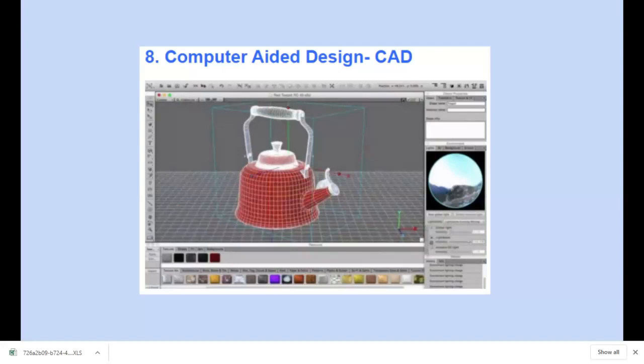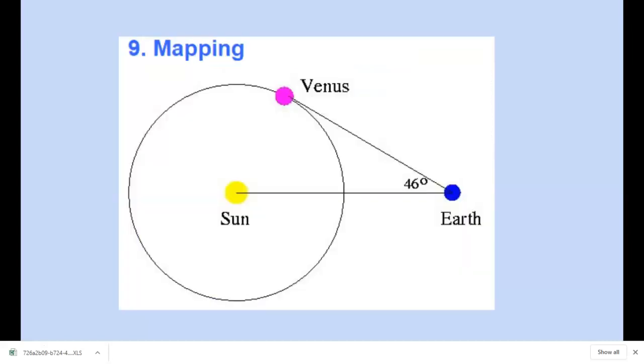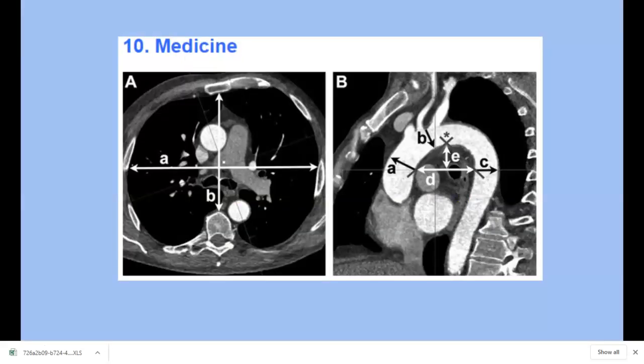That's where geometry plays an important role. And ninth, mapping, like people in NASA, they use geometry in trying to locate planets, stars, and other heavenly bodies. And tenth, also in medicine, geometry plays an important role, trying to locate parts inside the body, like internal organs.